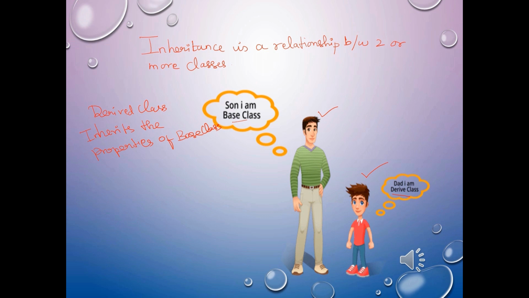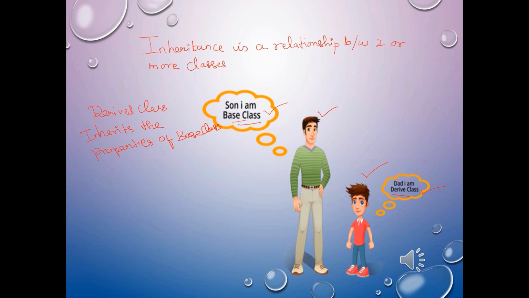So he is using some characters or appearances of his father. That is what inheritance is. Here we can say father is a base class and son is a derived class, because son is deriving some properties of his father. That's why we are saying father is a base class, son is a derived class.